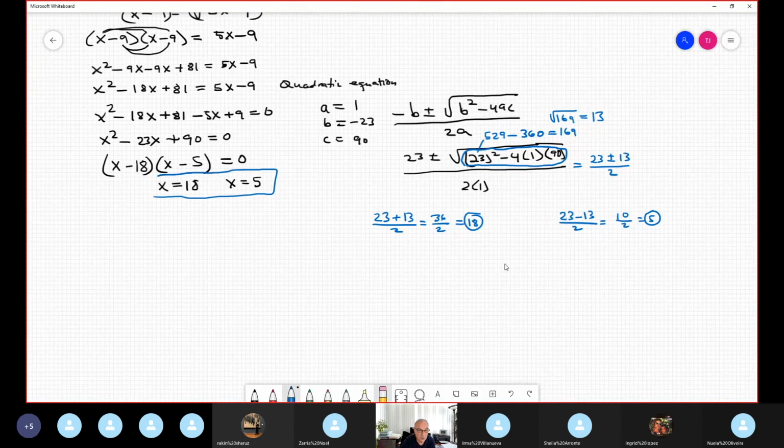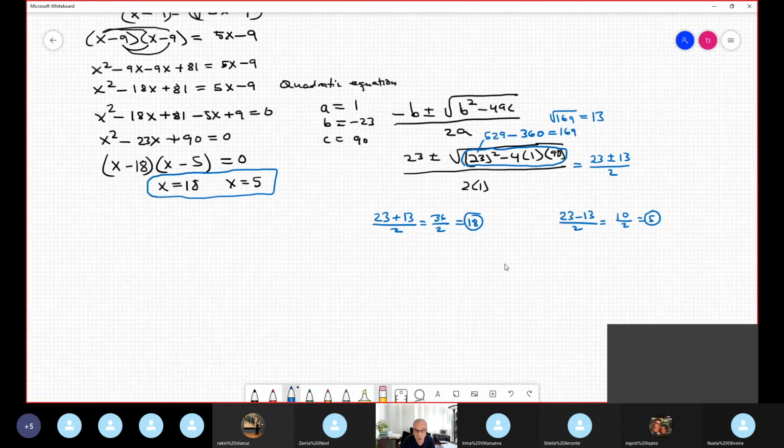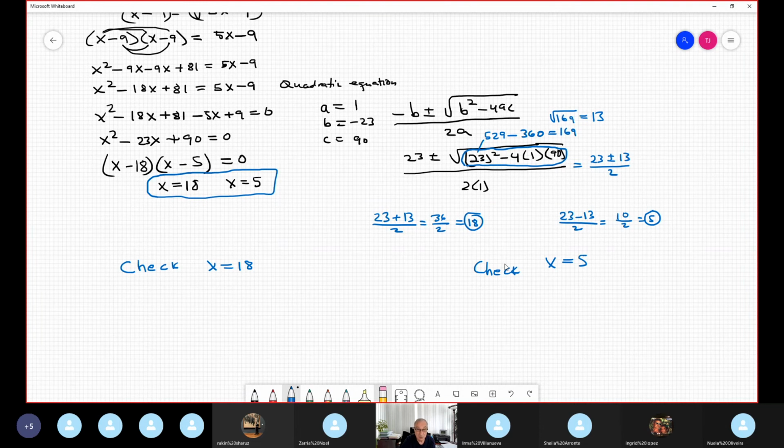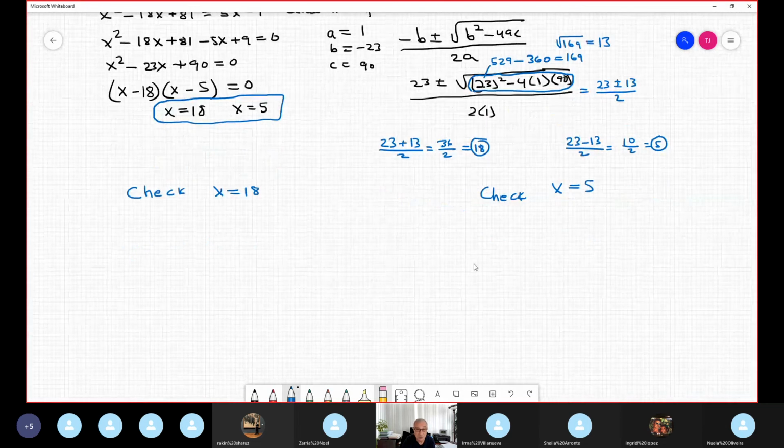Oh no, I gotta go, no? I finished. No, check. Mandatory checking. I need to check it for x equal 18, and check it for 5. I know you always forget that, but you cannot. If you forget the checking, 0 points in this question.